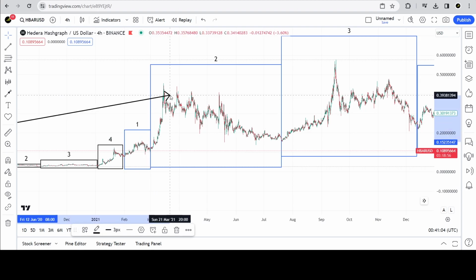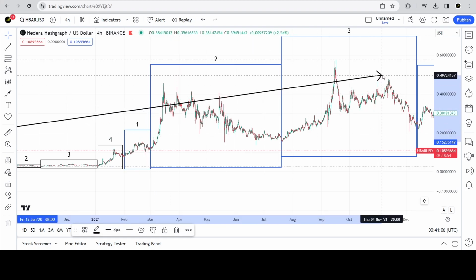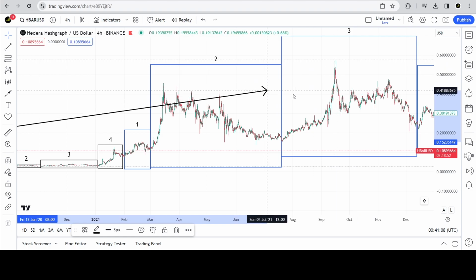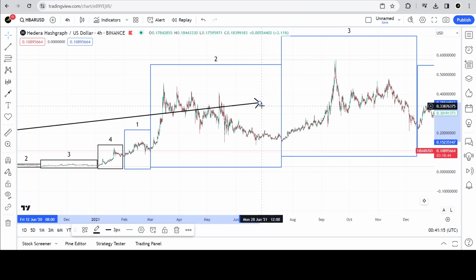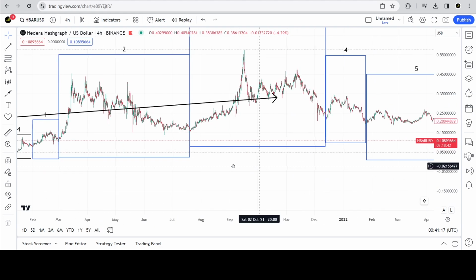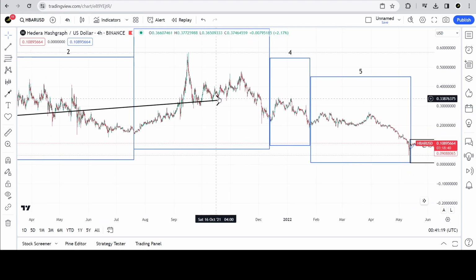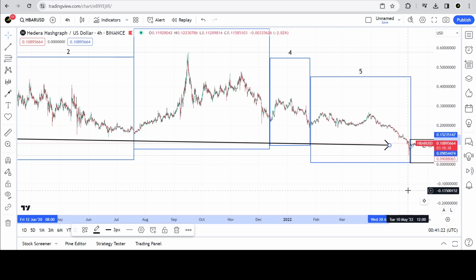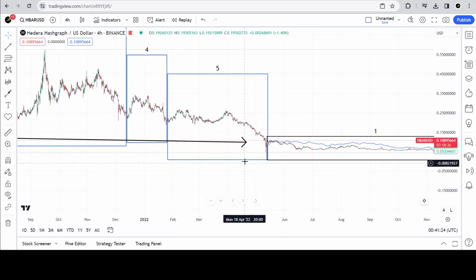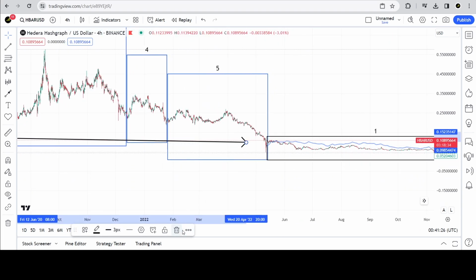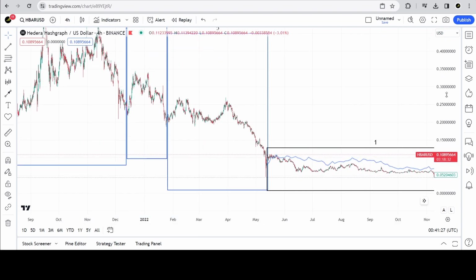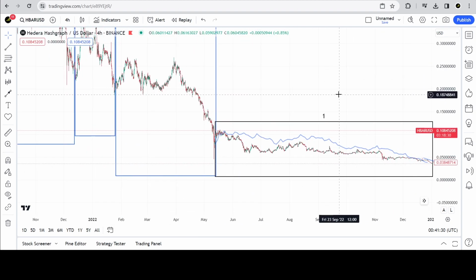And in this one, it was fractal 3 that went higher than fractal 2. So it can be either one of these structures. So then after this comes the declining part of the bull run structure that eventually leads its way back into the sideways range-bound time. So this is the sideways range-bound time that we are in.